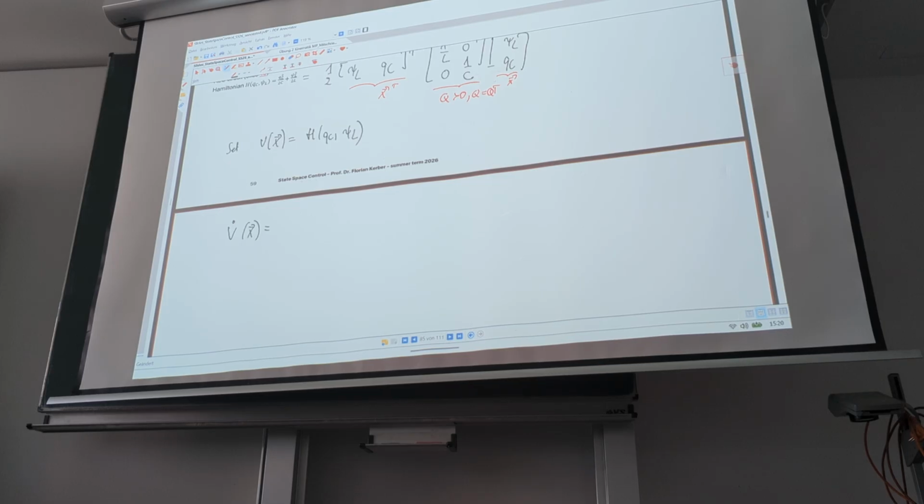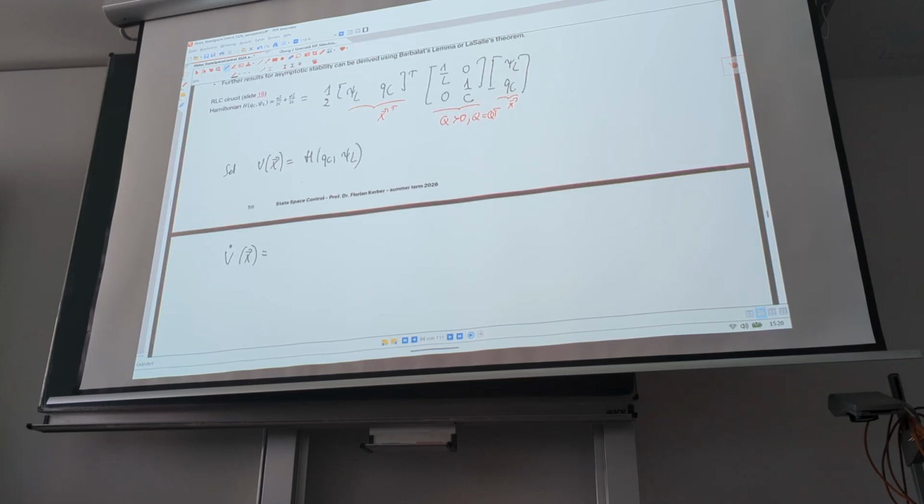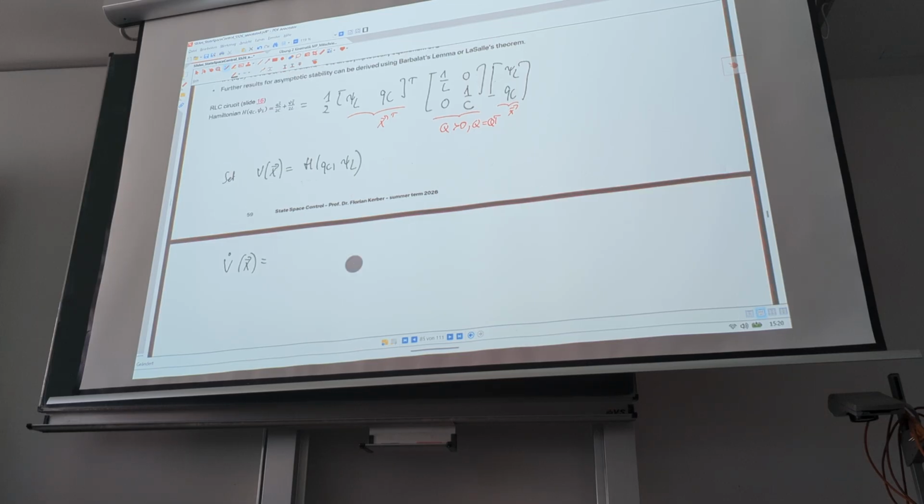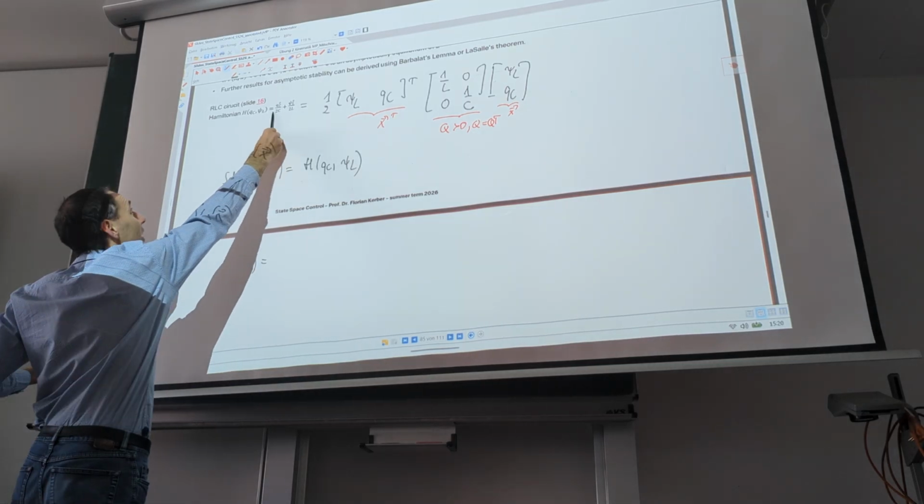maybe I use a shortcut here. Basically, differentiate this immediately.